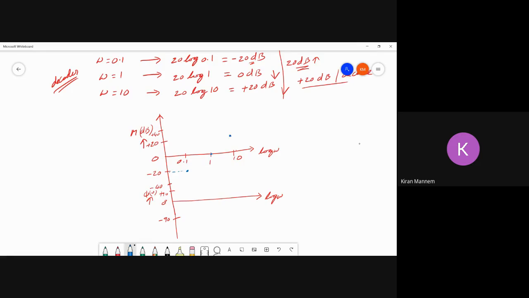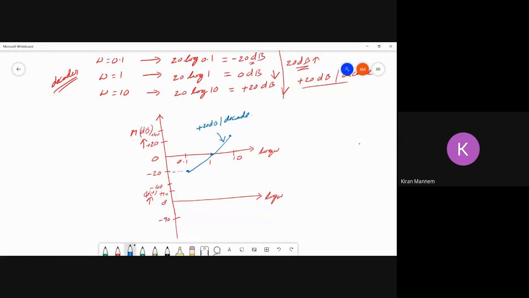See? And this is a straight line. Assume this is a straight line connecting all these points. So what is that? It is plus 20 dB per decade. So what about the phase angle?